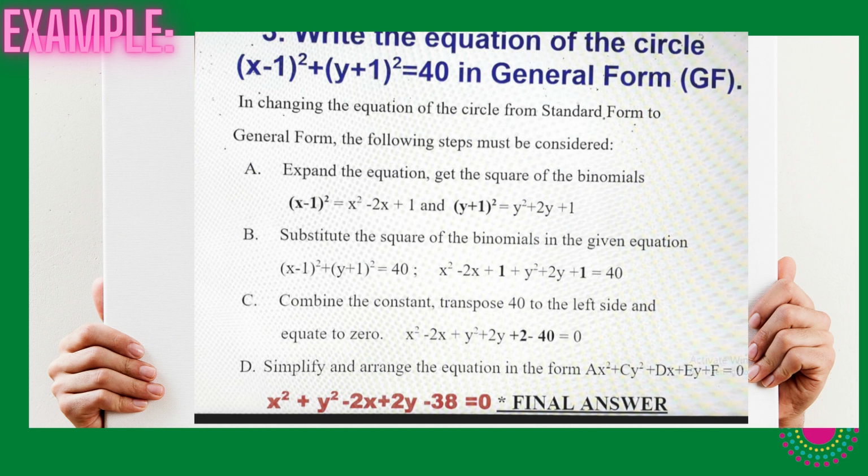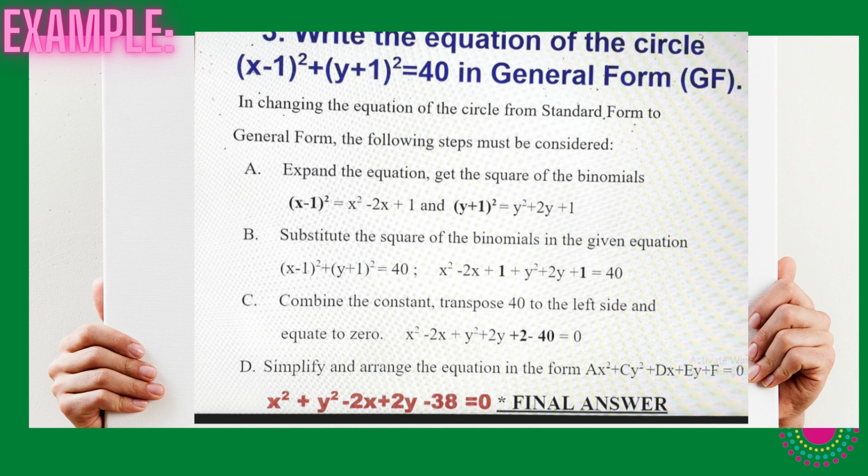The next step is to combine the constant. So for the constant, we have 1 plus 1. 1 plus 1 is 2. And then transpose 40 to the left side and equate to 0. So we have x squared minus 2x plus y squared plus 2y plus 2 minus 40 equals 0.